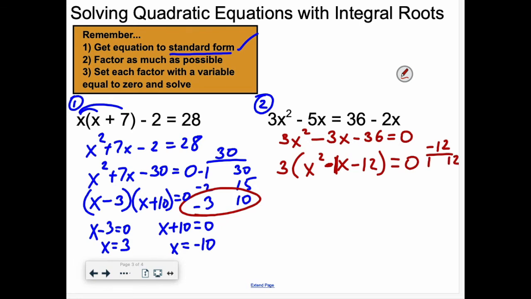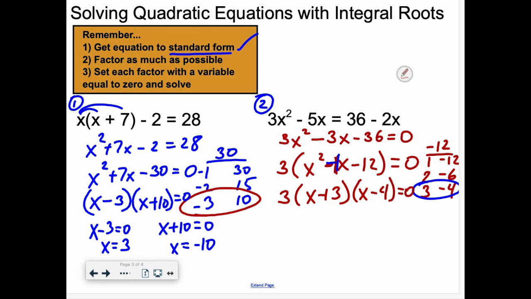We got 1 and negative 12, 2 and negative 6, 3 and negative 4. Well, the one that's going to give us a difference of negative 1 is right here. So we'll get 3, don't forget to bring it down, times x plus 3, x minus 4.